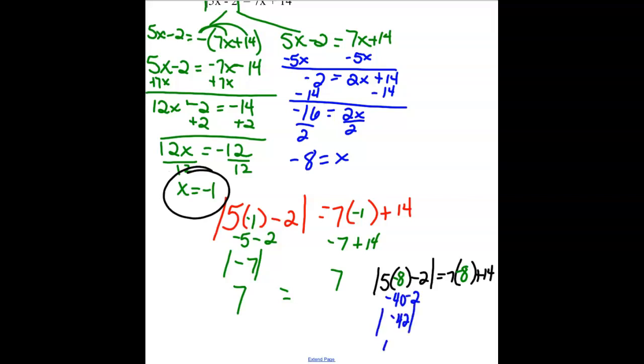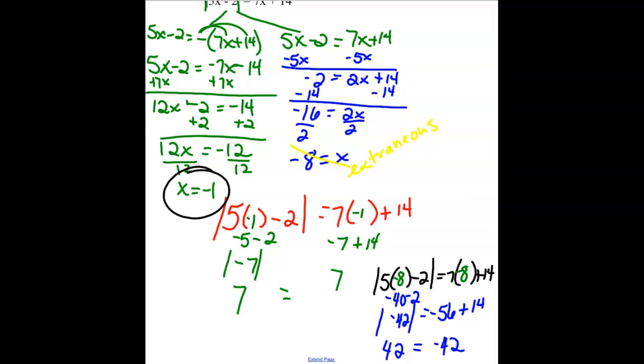Its absolute value is 42. On this side, 7 times negative 8 would be negative 56. Adding 14 to that gives us a negative 42. And a positive 42 does not equal a negative 42. So I would call this one extraneous, and I would not include it in my final answer.